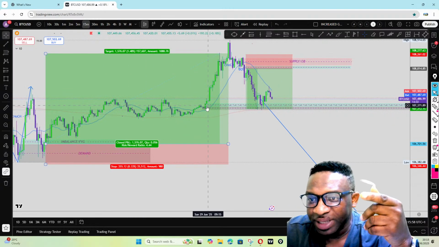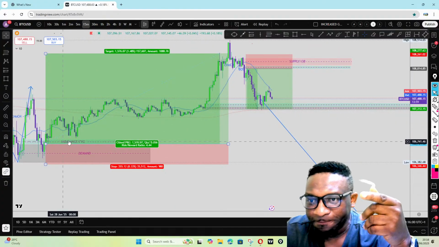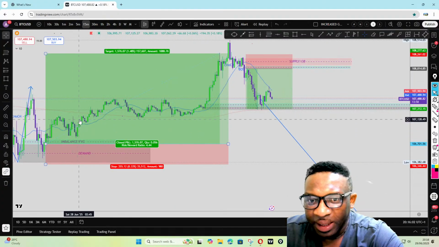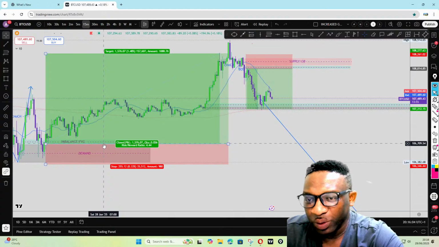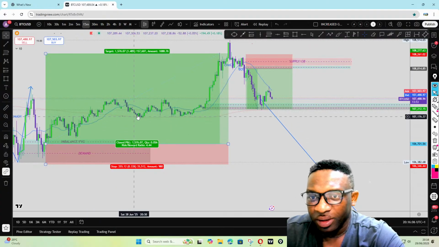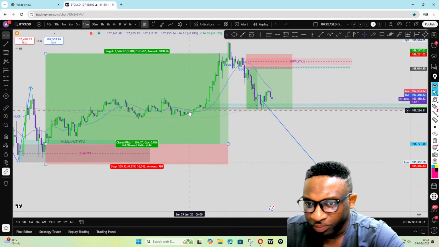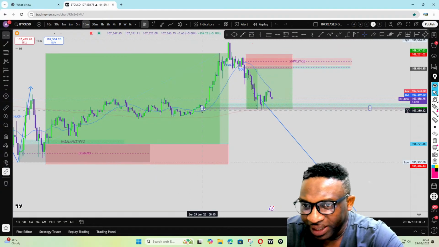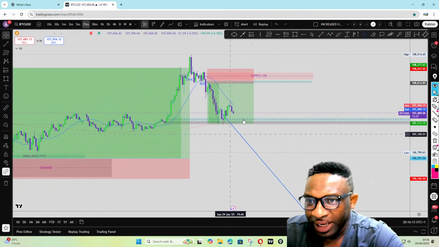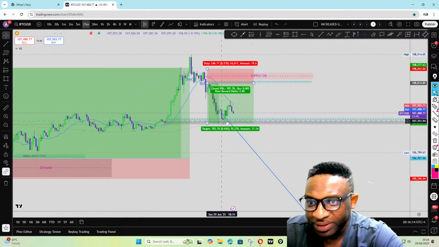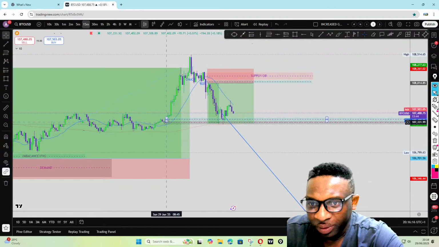Another example is here, because I've already entered the trade from this point on. You could add on. We have another example here where I took my profits from this afternoon.